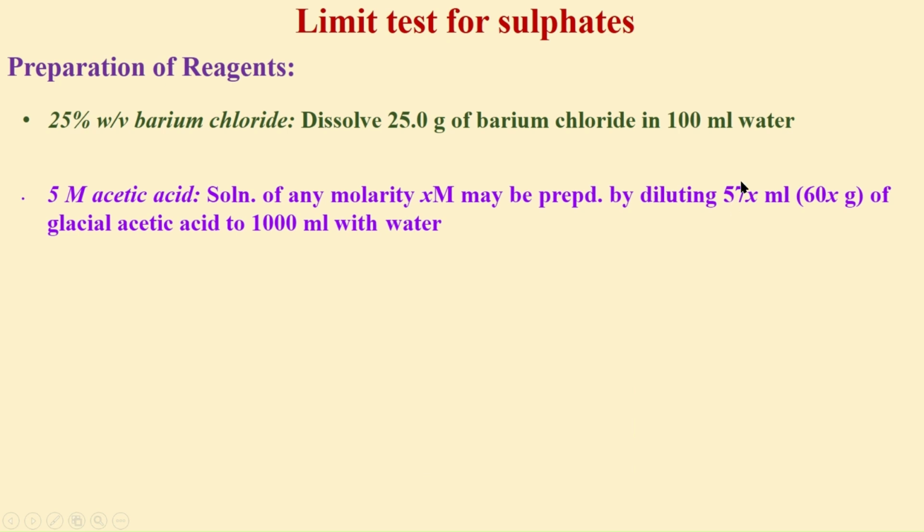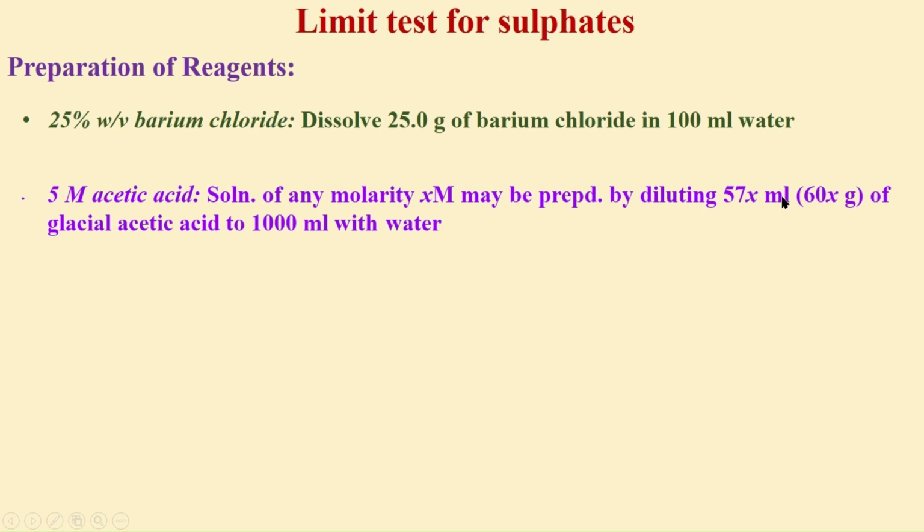That's why if I take 57 into 5 molar, I need 57 into 5 ml, or 60 into 5, which is 300 grams of acetic acid. I dissolve it in 1000 ml of water, and I will get 5 molar acetic acid.